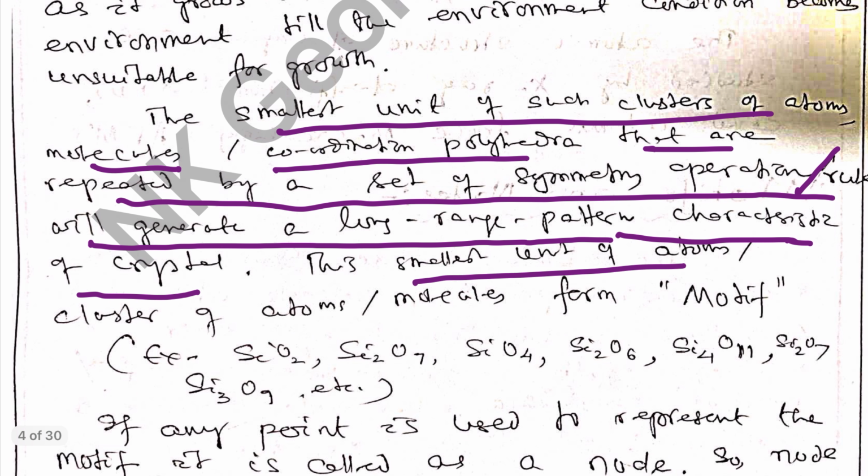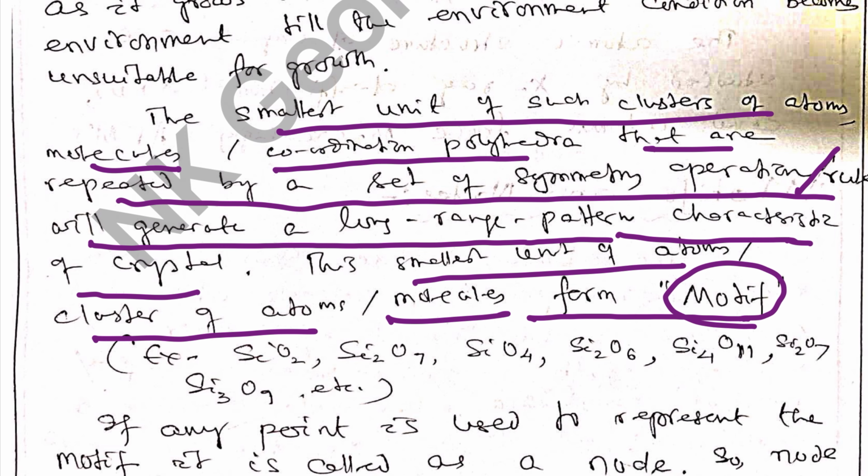This smallest unit of atoms or cluster of atoms or molecules which are found to repeat in 3 dimensions in order to give rise to the crystal structure is described as the motif, a group of atoms or molecules which are found to be repeated in 3 dimensions to produce the crystal structure.